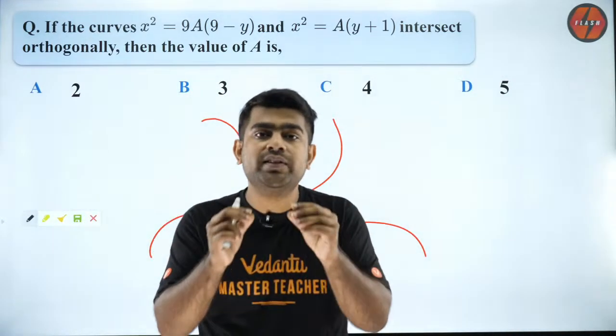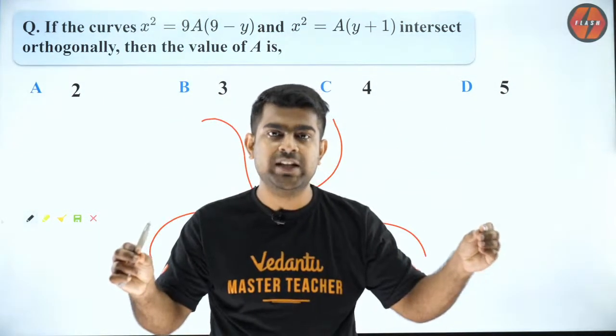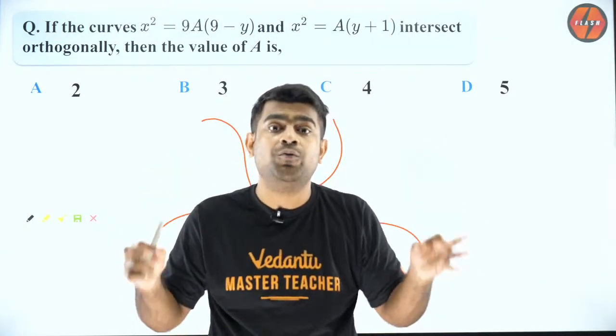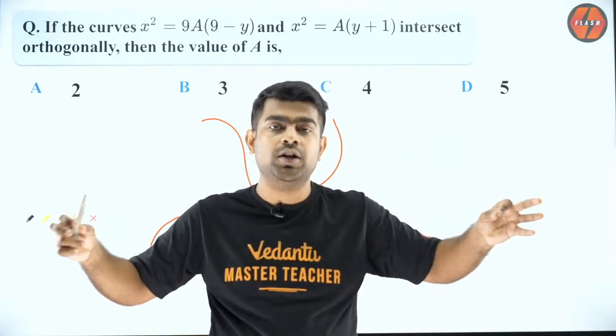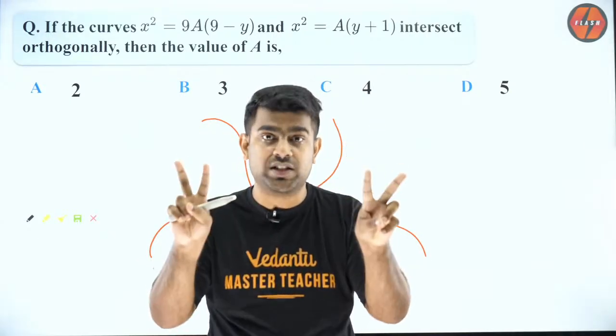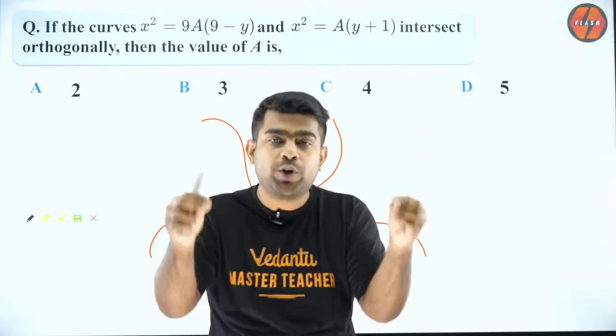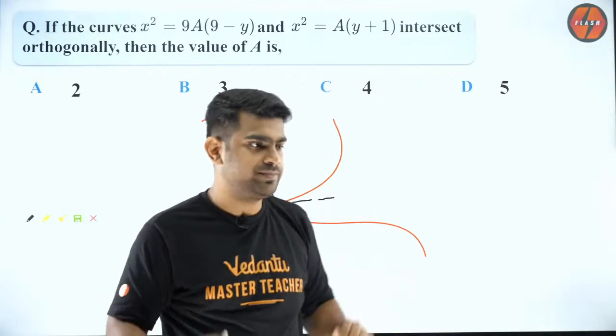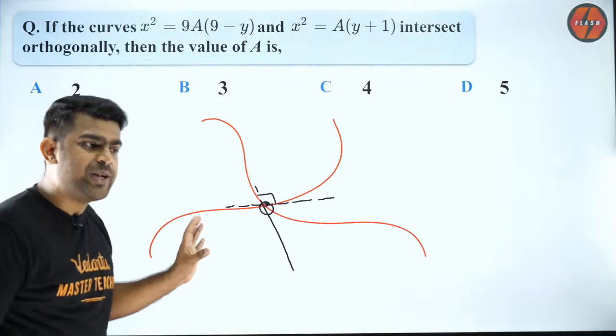First, find out the point of intersection. Second, at the point of intersection, find the slopes for both the curves. Now if their product is -1, they are orthogonal. That's it. Did you guys get that?